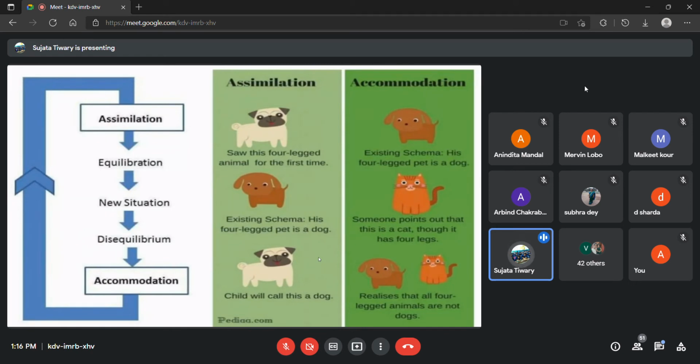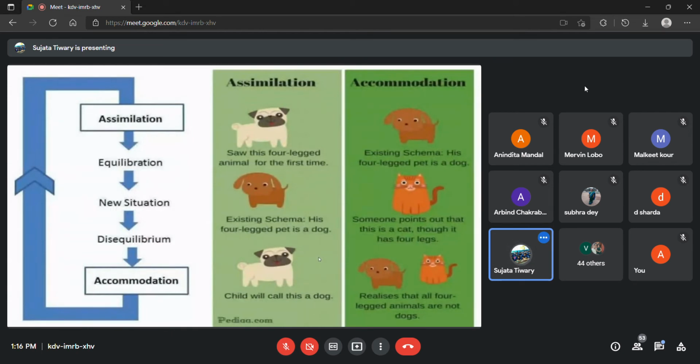This way the child learns about different types of animals according to the habitat, like land animals. Similarly, when he sees a bird flying in the sky, and next time sees an aeroplane flying in the sky, the child with his existing assimilation knowledge says that an aeroplane is a bird.